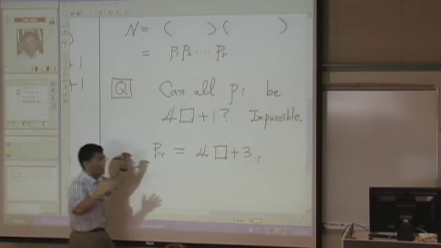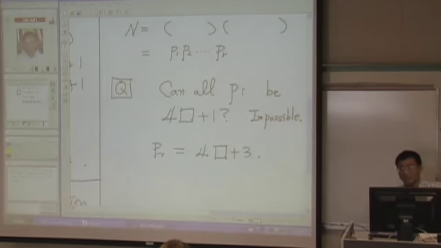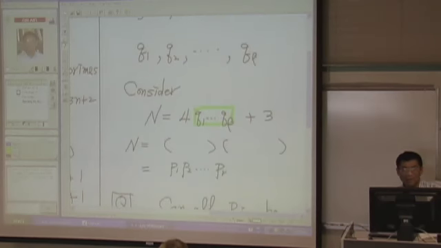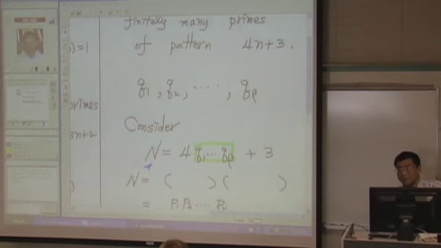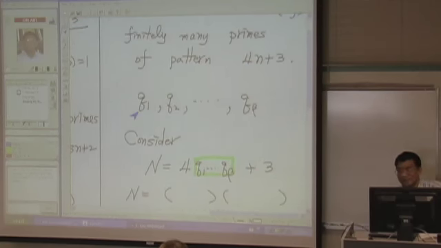So you should understand the strategy. We want to prove this by contradiction. Initially we said there are only finitely many primes, say Q1 through Q beta. And then we formed some number, but this number cannot be prime because of our strong assumption that there are only finitely many.